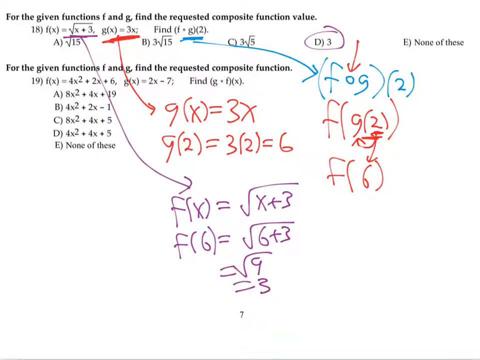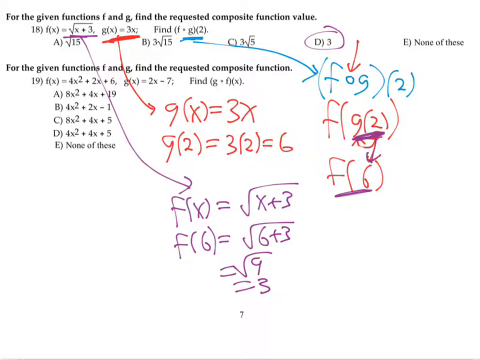A few minutes later, you open the refrigerator and you've got chilled toast, something you never wanted. But the point is, both functions operate on it. That's what just happened with the g and the f. The g operated on the 2, out popped the 6, and then the f operated on the output, the 6. That's what's going on.